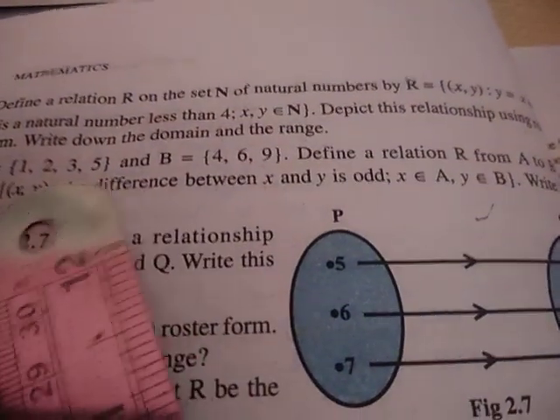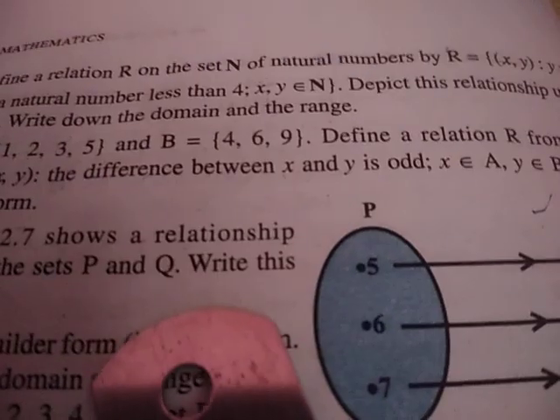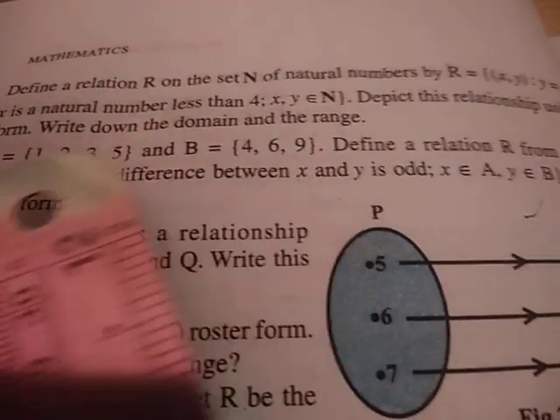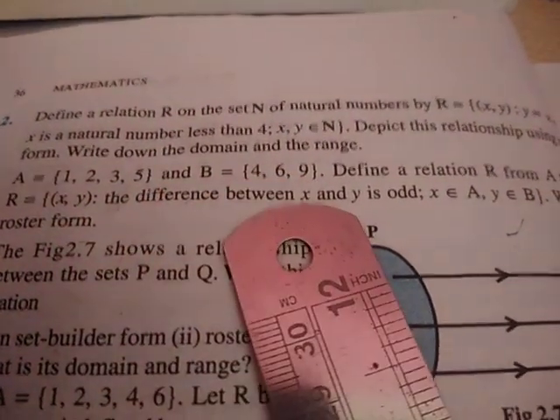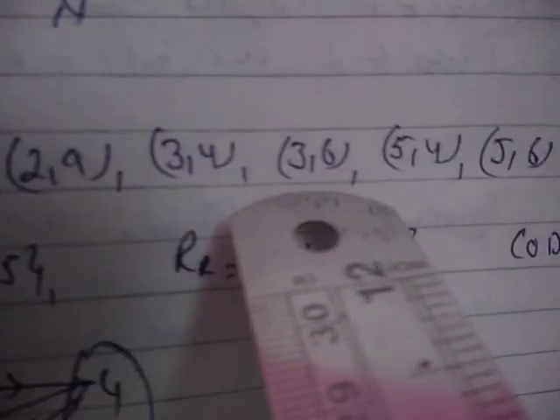Now 2, 4: no. 2, 6: no. 2, 9: yes, (2, 9) is there. Then after that, 3, 4: yes. 3, 6: yes. 3, 9: no. Then 5, 4: yes, 5, 6: yes, 5, 9: no. Just see here, the relation set is (1, 4), (1, 6), (2, 9), (3, 4), (3, 6), (5, 4), (5, 6).